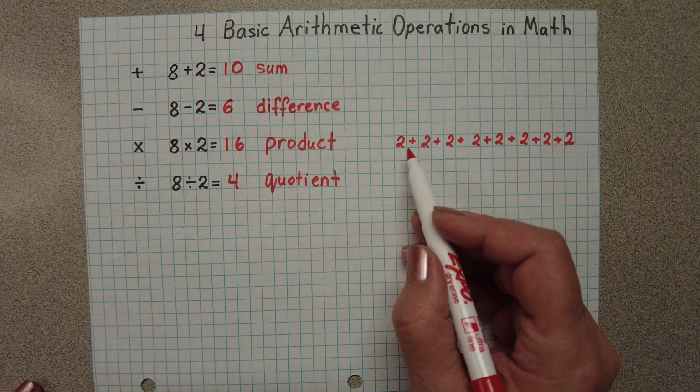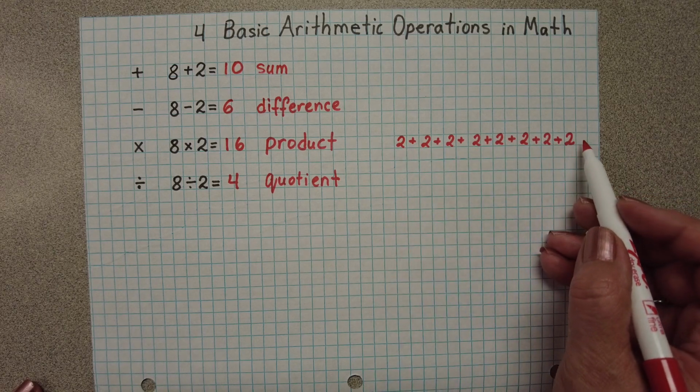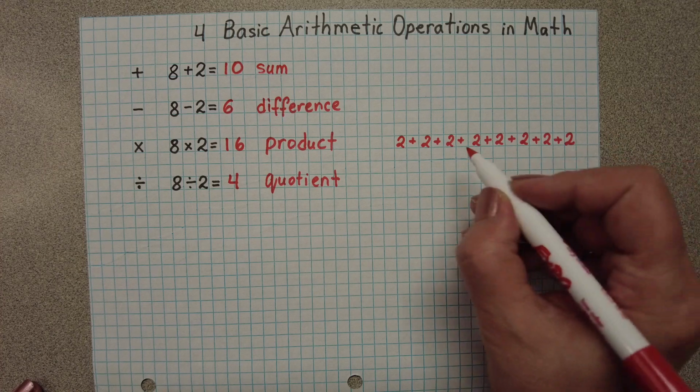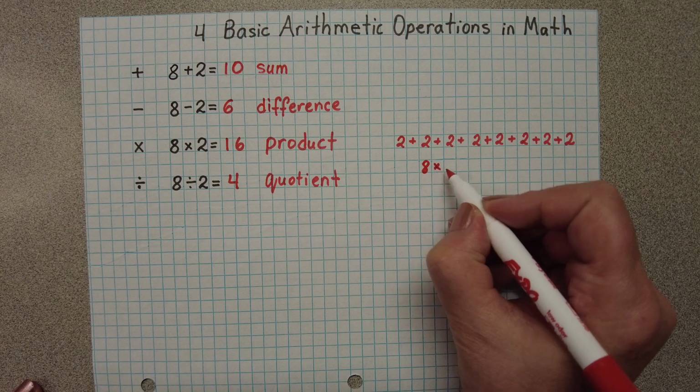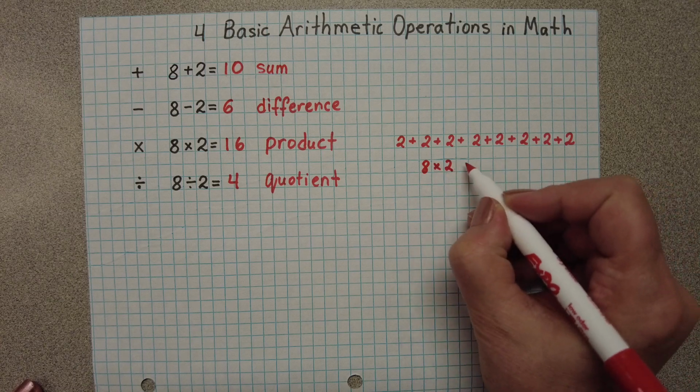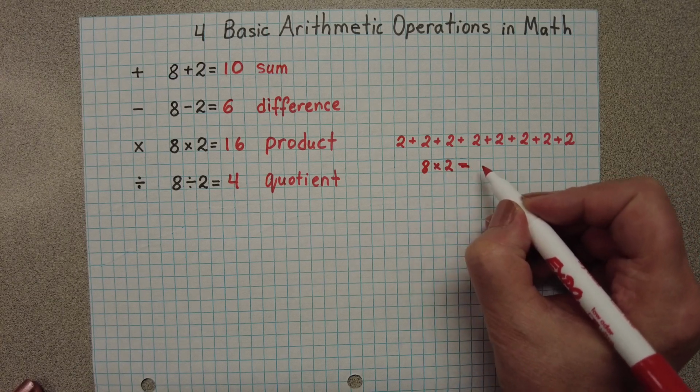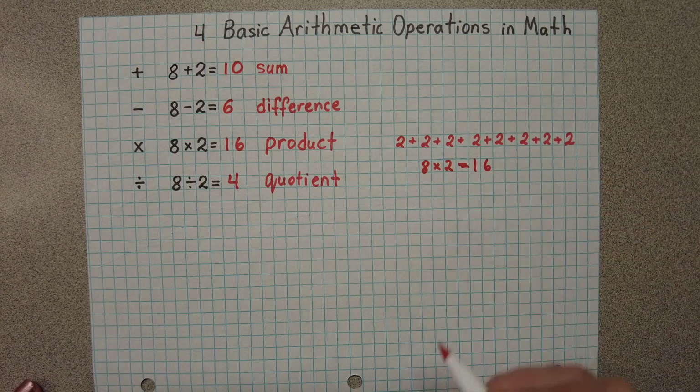Instead of writing all the way 2 plus 2 plus 2, we can write this as 8 times 2, which is equal to 16.